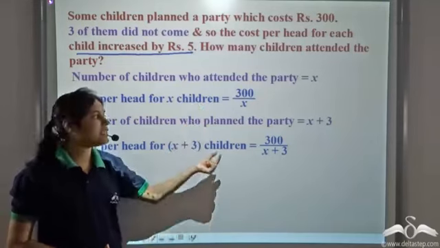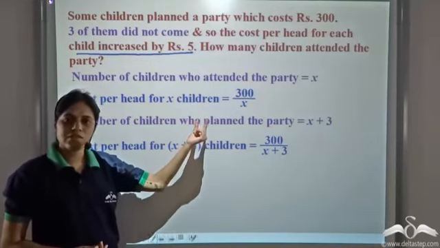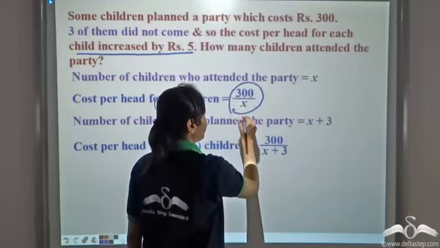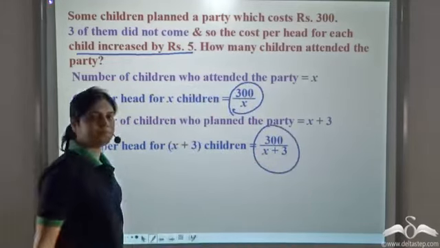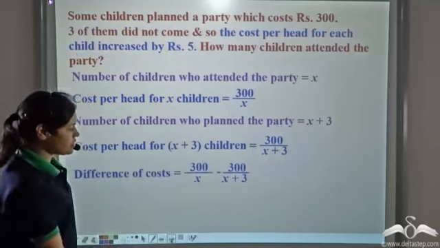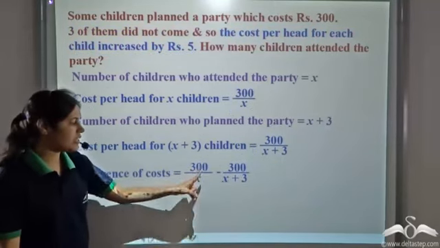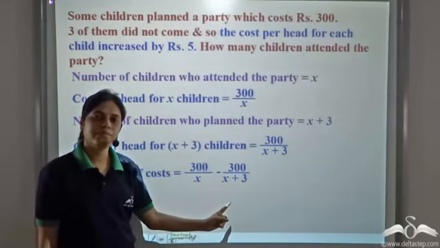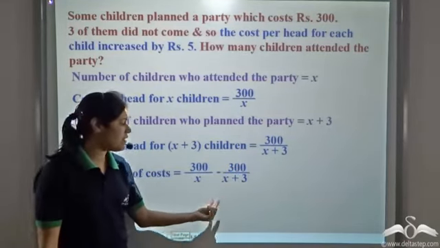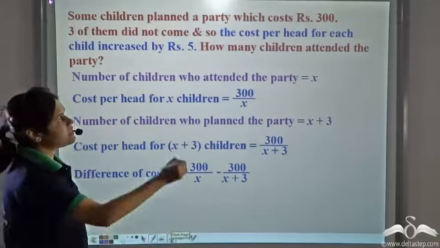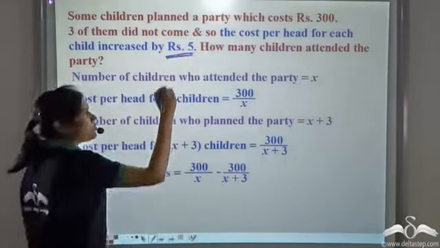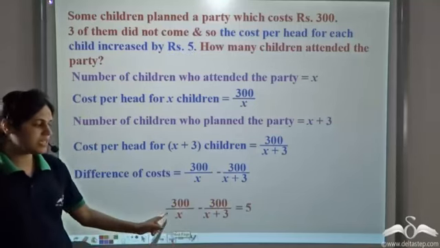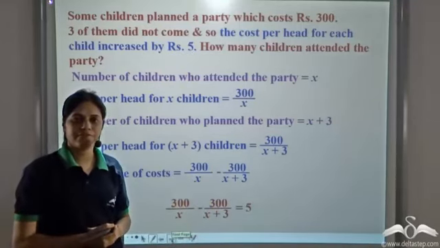So we need to find the difference of the two costs. The difference of the two costs will be this minus this. So the difference of costs will be 300 by x minus 300 by x plus 3. And it is given that this difference is equal to rupees 5.